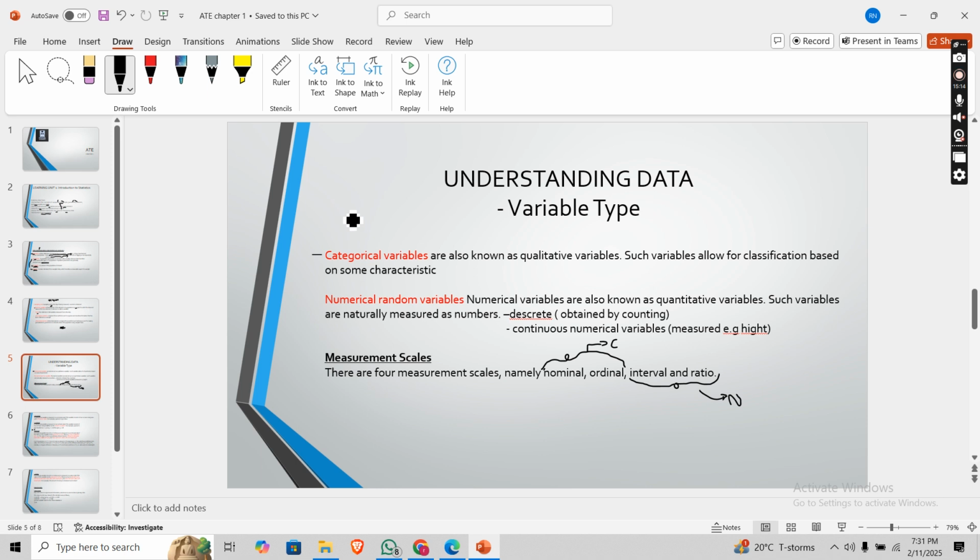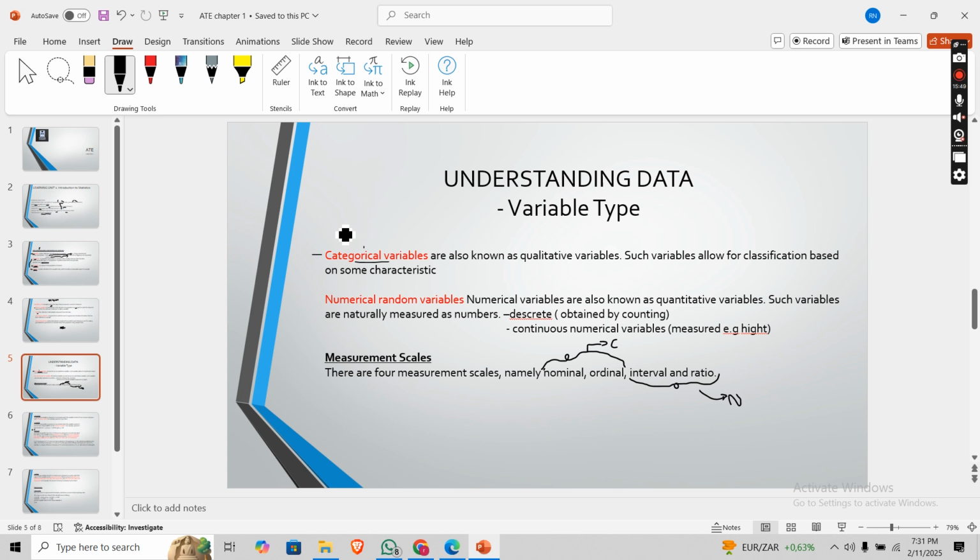As I told you, we cannot perform arithmetic operations on categorical variables, and by that I mean that we cannot add one value to another value of the data. We cannot do that, or subtract a value from another value, or divide or multiply. It's actually a standard we use to identify categorical variables, that we cannot add one data value to another.